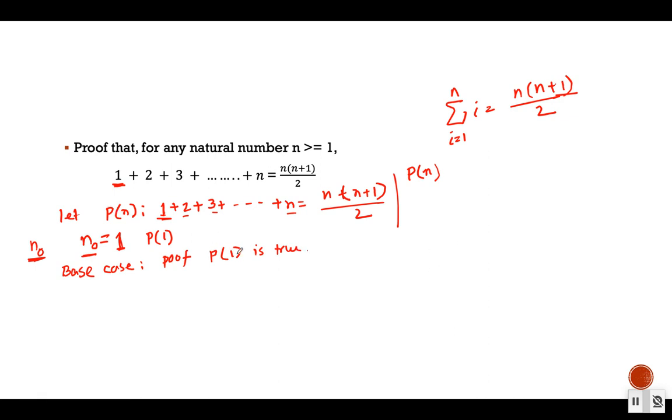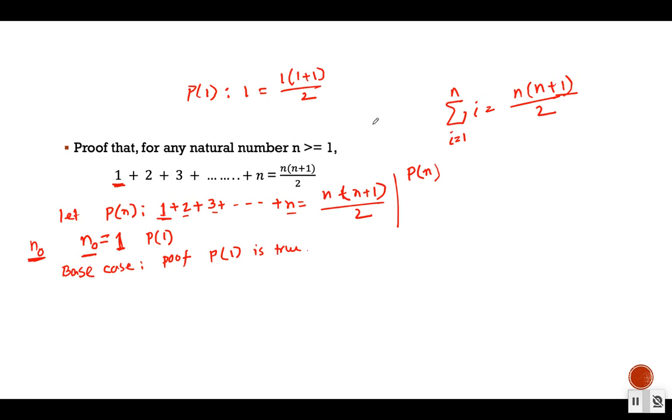P1 means the sum from 1 to 1, so it is just one number. So P1 will be 1 equals, with n as 1, 1 times 1 plus 1 by 2.